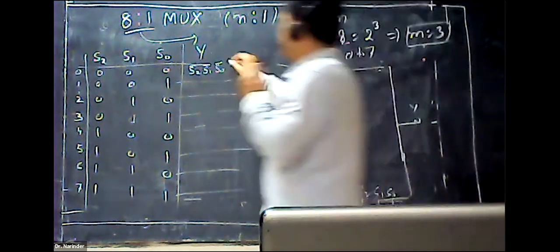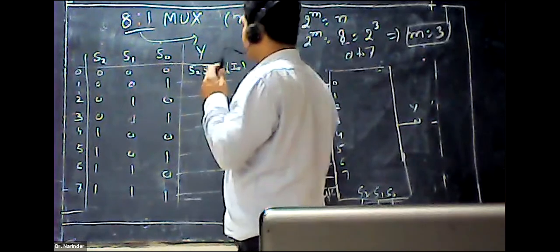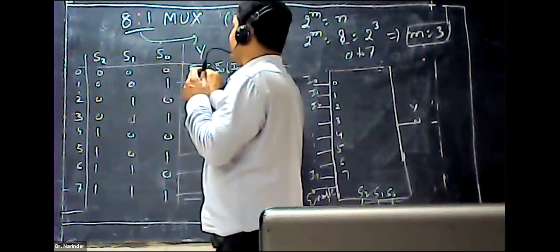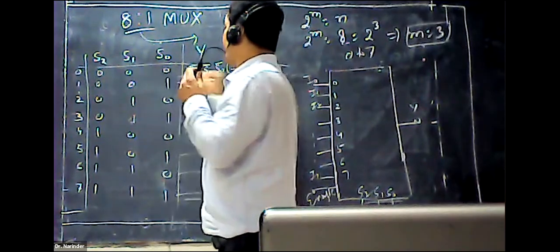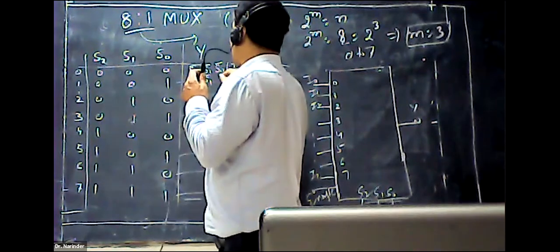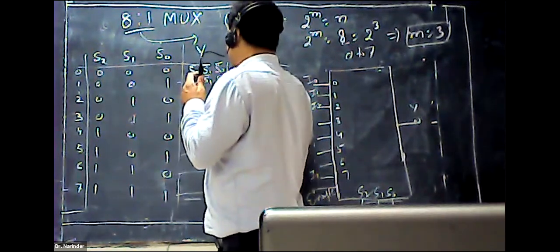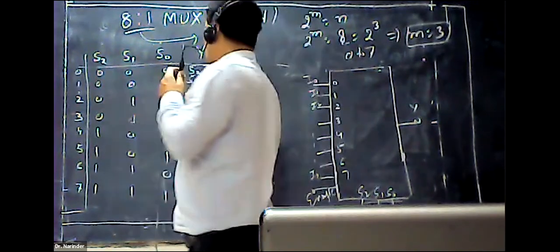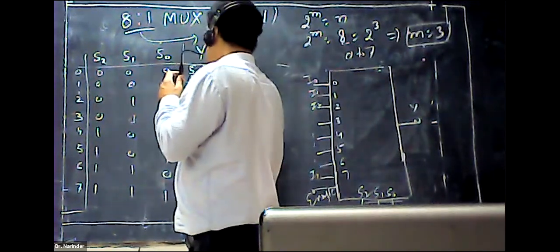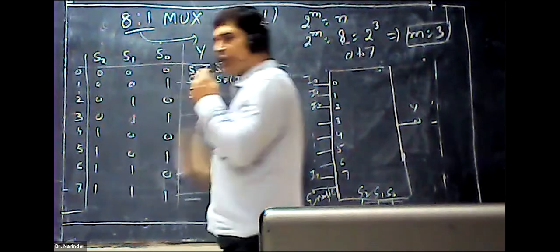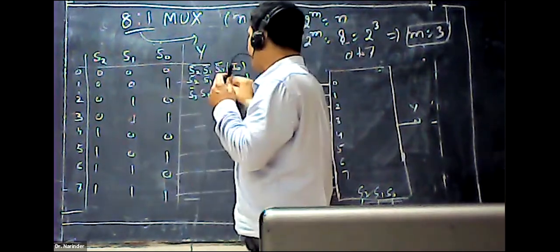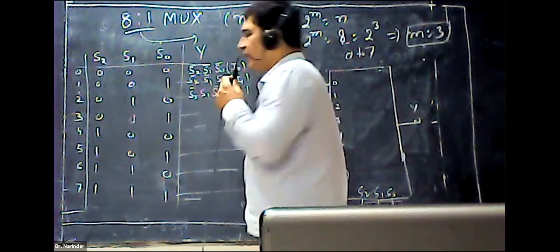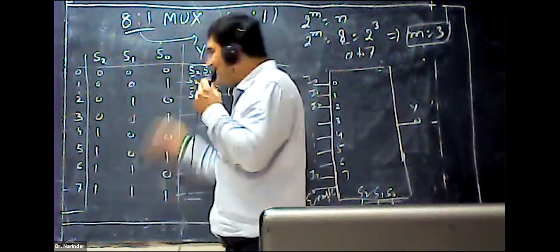I0. Similarly, there is S2 bar, S1 bar, and S0 right here, I1. Now there is S2 bar, S1, and under S0 there is a 0, S0 bar right here, I2. And in this way, we will complete the table.